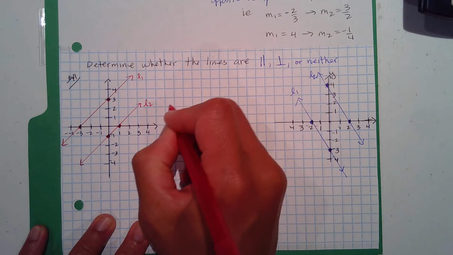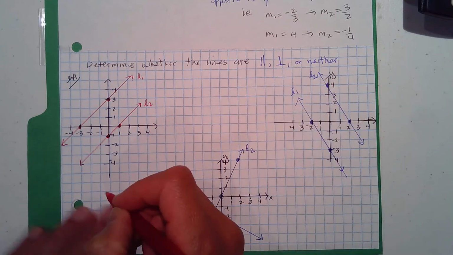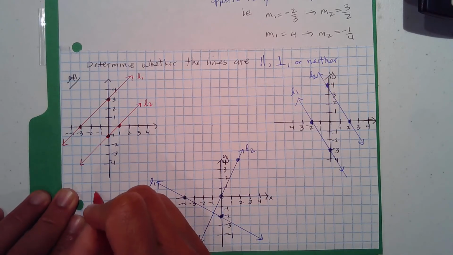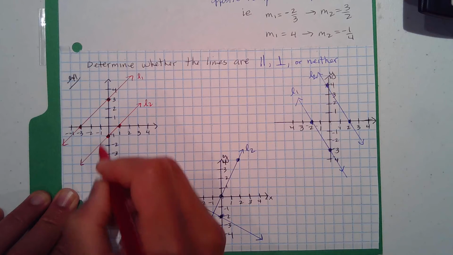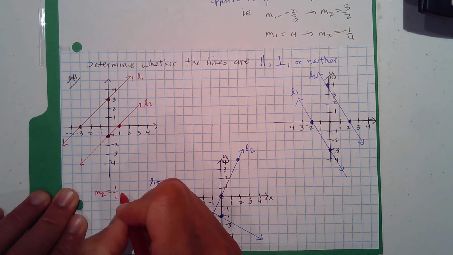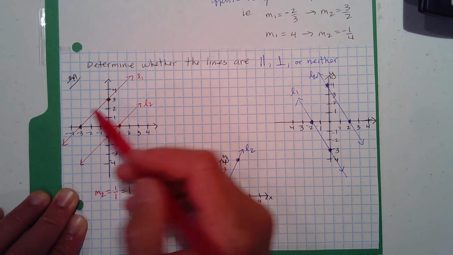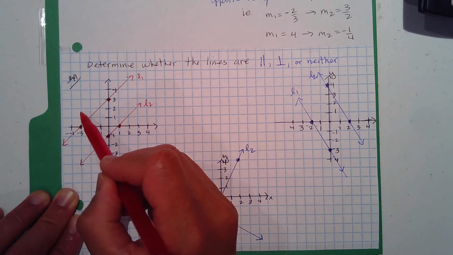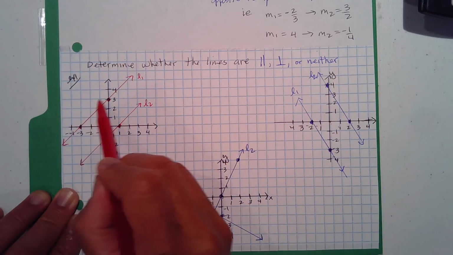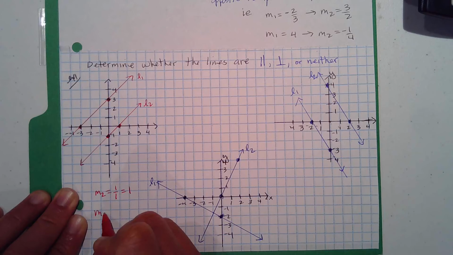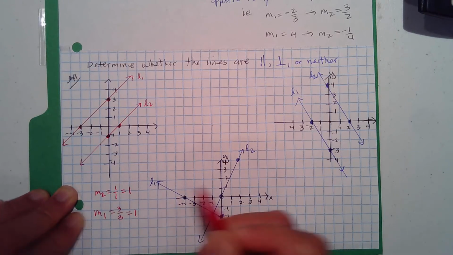So the slope of line 2, M2, is 1/1, which is 1. The slope of line 1: 1, 2, 3, right 1, 2, 3. So the slope of line 1 is 3/3, which is 1.